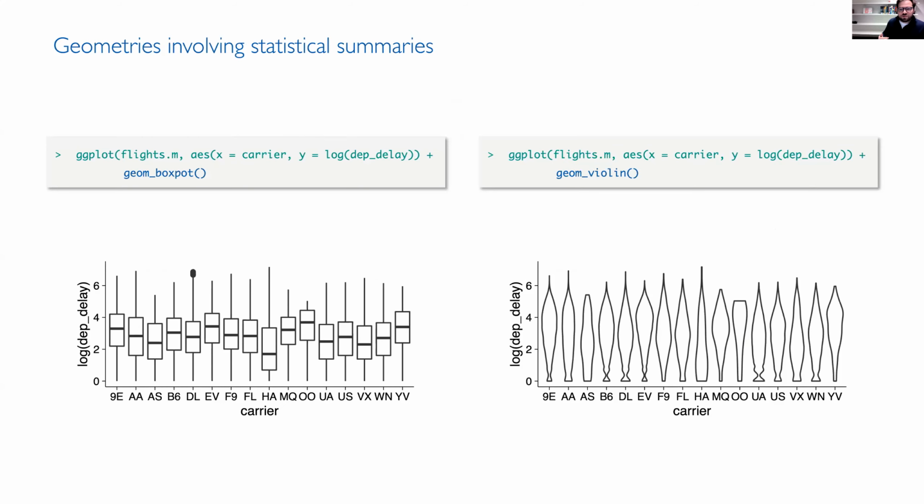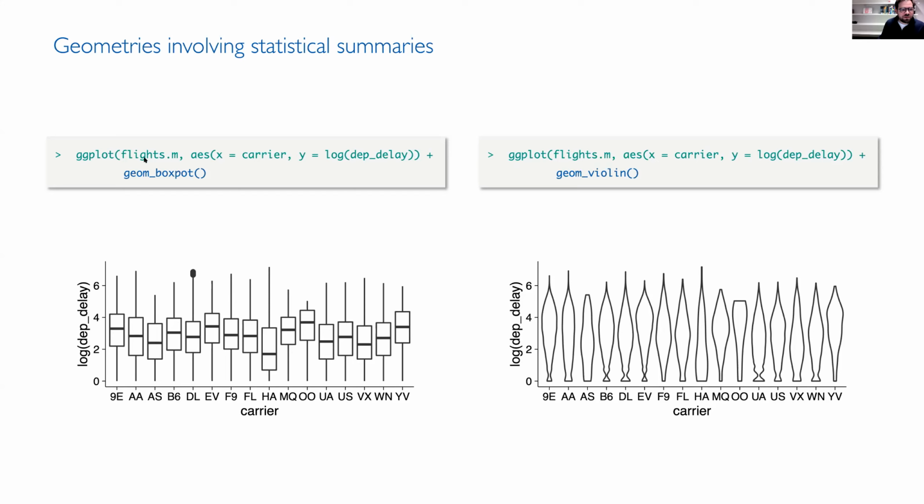So there are also geometries that involve analysis. For example, if you have a background in biology, maybe you know the favorite box plot on the right-hand side that summarizes different properties of the statistical distribution.